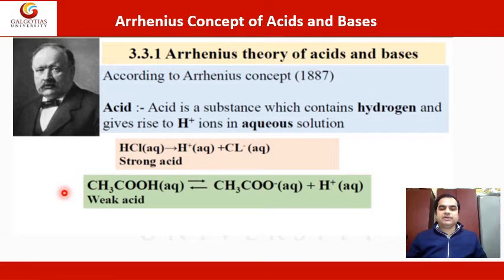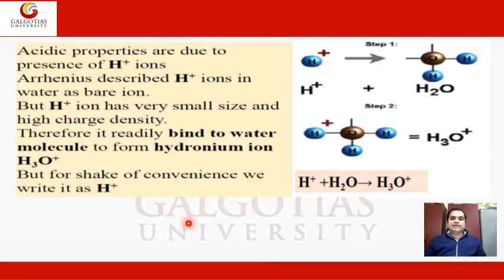Similarly, acetic acid is referred to as a weak acid. It is also dissociated, but it cannot easily release the H+ ion in the solution. Now, acidic property is mainly due to the presence of H+ ions. According to Arrhenius, H+ ions in water are bare ions.